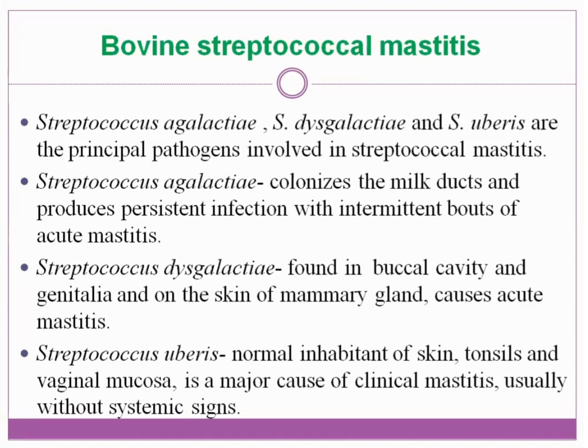The third species, Streptococcus uberis, normally inhabits the skin, tonsil, and vaginal mucosa, and is a major cause of clinical mastitis, usually without systemic signs. No systemic signs are found in Streptococcus uberis infection.